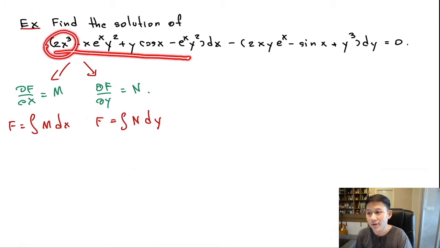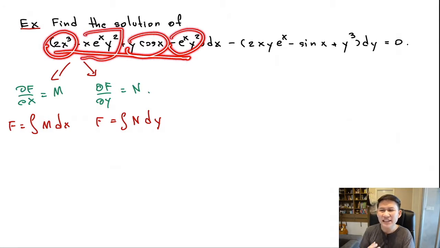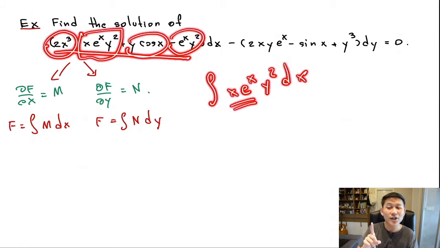This is easy to integrate by x. This is easy as well, and this is easy. But this last one is not hard, but it's not so easy. Because if you want to integrate x e to the x y squared dx, you need to do integration by parts. Remember, if you want to integrate x e to the x, you need to do integration by parts.